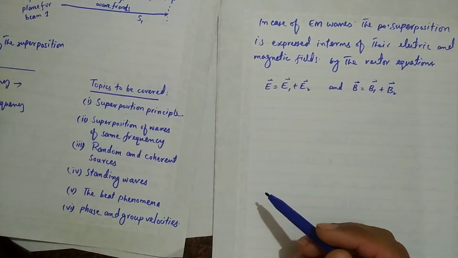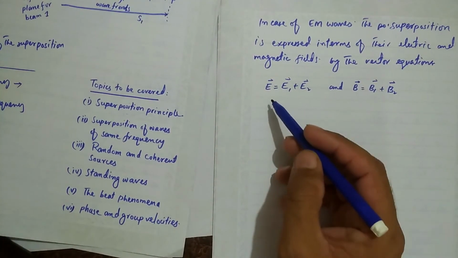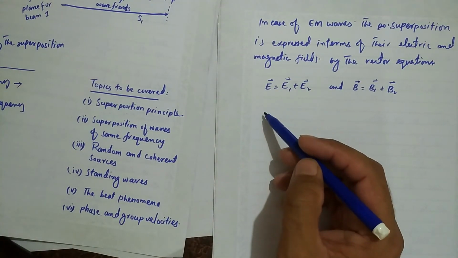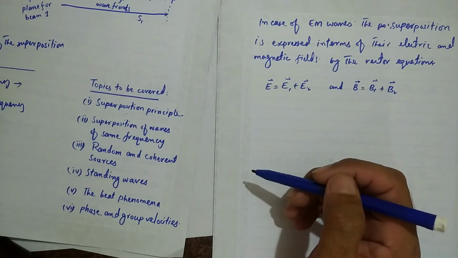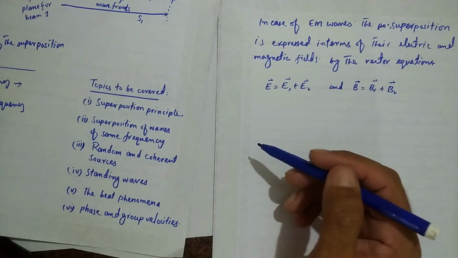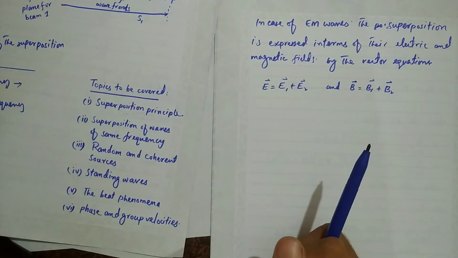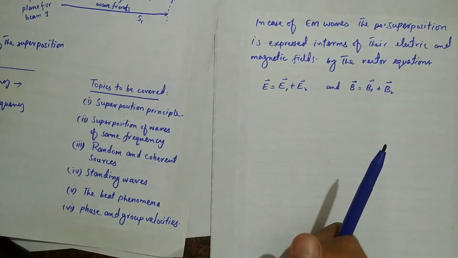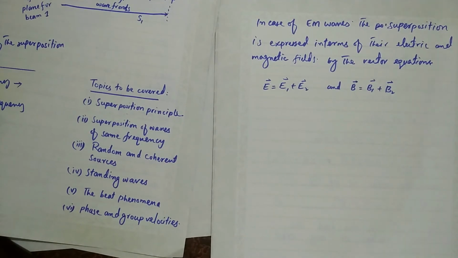So if we consider the electromagnetic wave to be light, then if two light fields are of very large amplitude and they superimpose each other in a material medium, then the resultant light field may not be simply the superposition of the individual fields, because in such situations the interaction of the electric field with the material produces nonlinear effects.